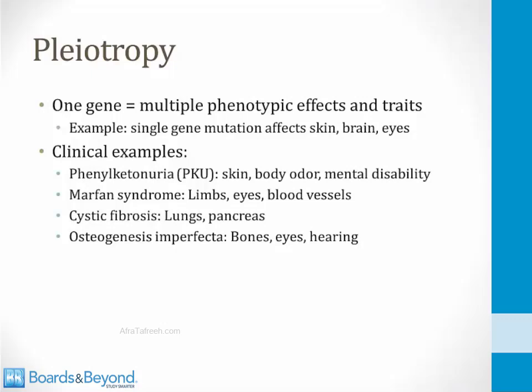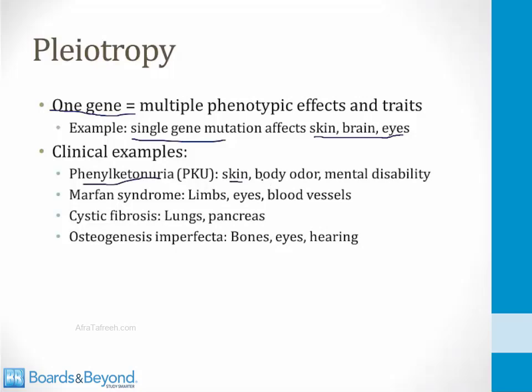Pleiotropy is a term that refers to the fact that one gene or one gene mutation can have multiple phenotypic effects and traits. For example, a single gene mutation could affect the skin, the brain, and the eyes. And there are many examples of disorders which are caused by a single gene mutation yet lead to findings in multiple different organ systems. For example, phenylketonuria or PKU can affect the skin.